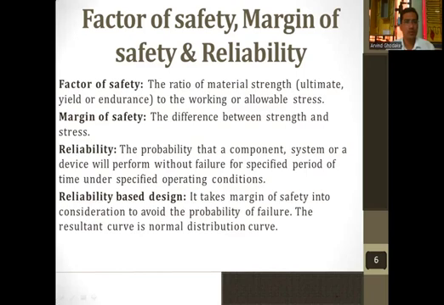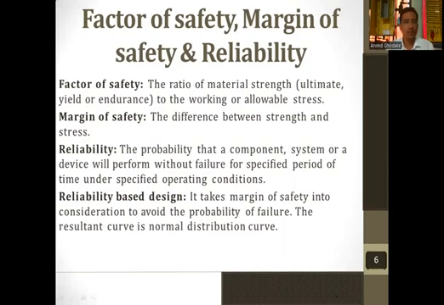Next is the margin of safety. The difference between strength and stress is called the margin of safety, and it is denoted by the letter C.